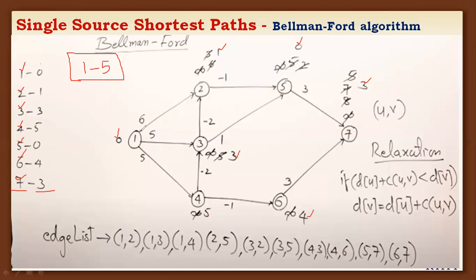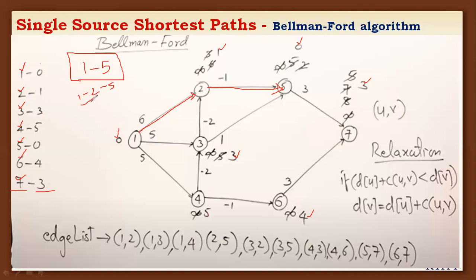Initially you need to move from 1 to 2, then from 2 to 5. What is the distance from 1 to 2? The distance from 1 to 2 is 1.